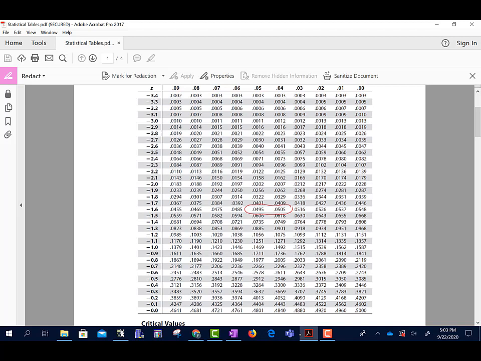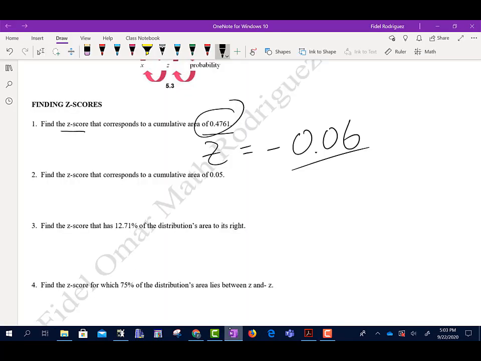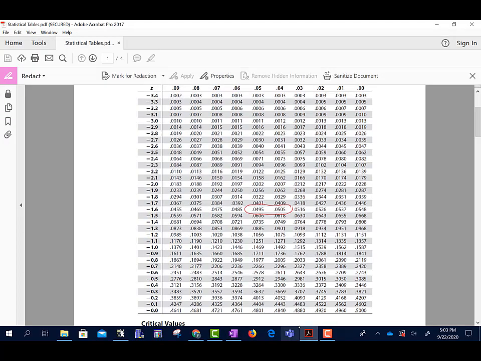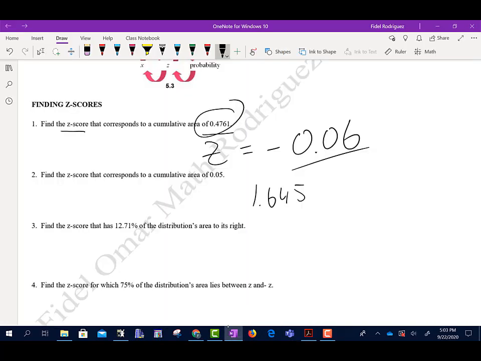So right in the middle would be 0.05. If this is negative 1.6 and I'm between 0.5 and 0.4, I might say something like 1.645. Negative though. I was forgetting something.